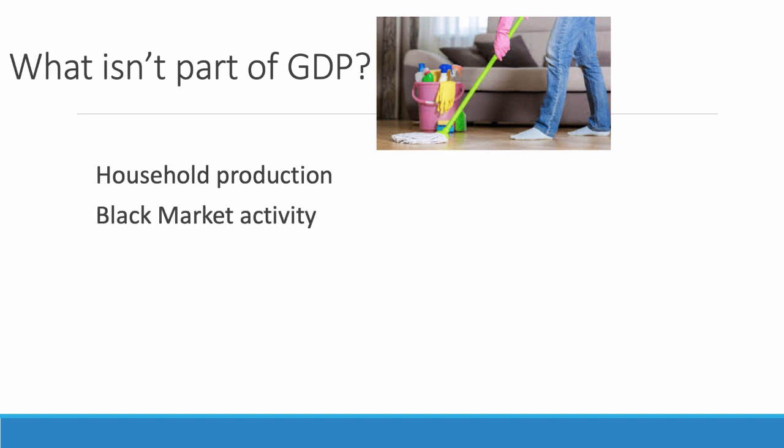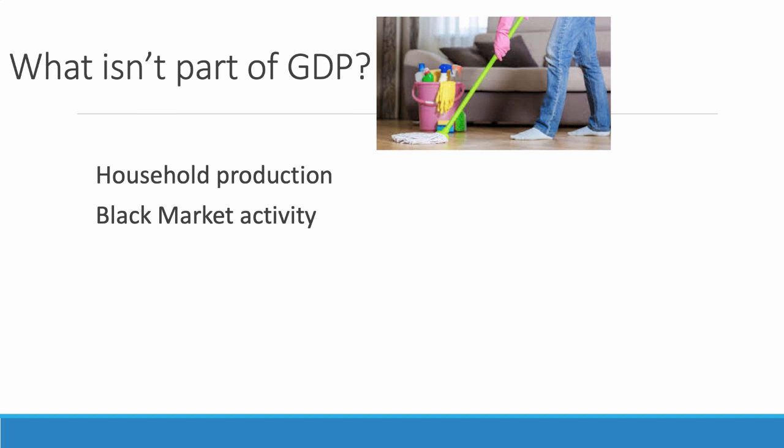A second thing that's not part of GDP is black market activity. Now, black market activity may be illegal, but it may not be illegal. It may be something as simple as paying a neighborhood kid to mow the grass for you, or paying somebody to come babysit your kids, or going and buying a dog or a cat from the Amish family down the street.